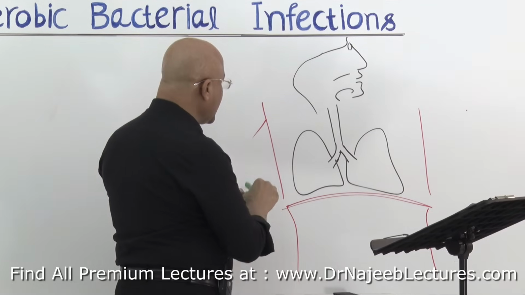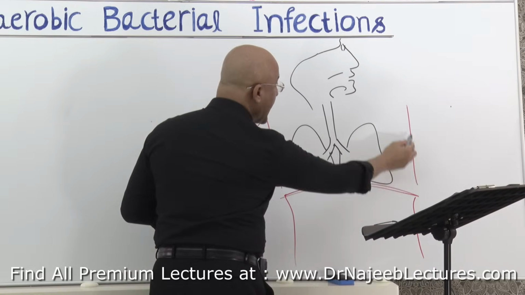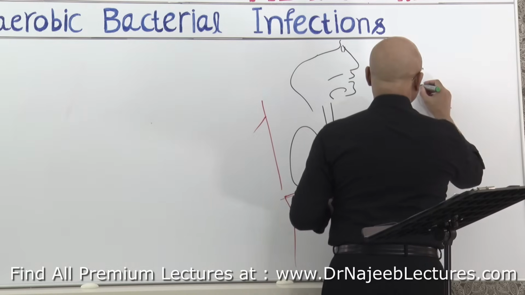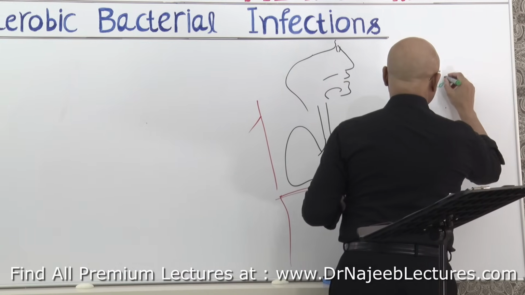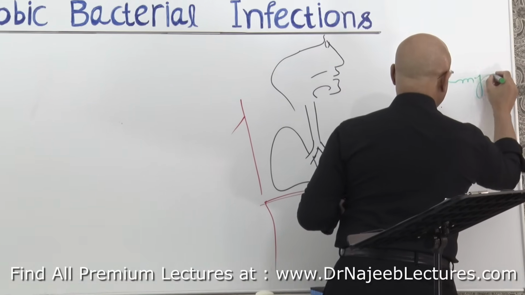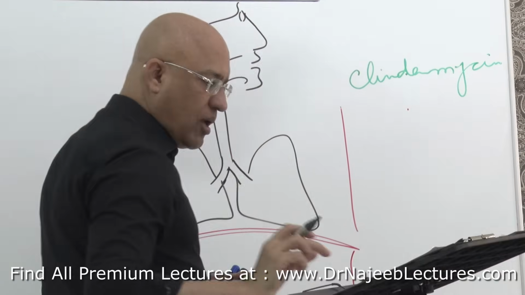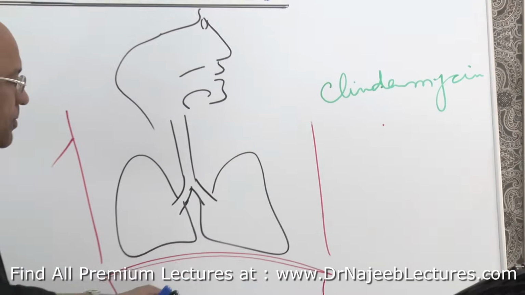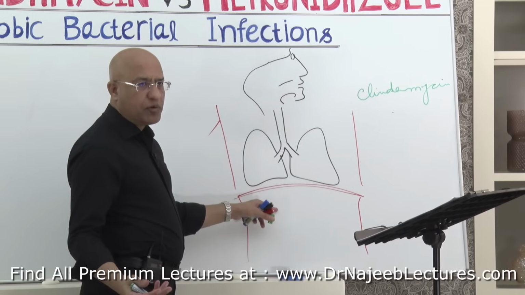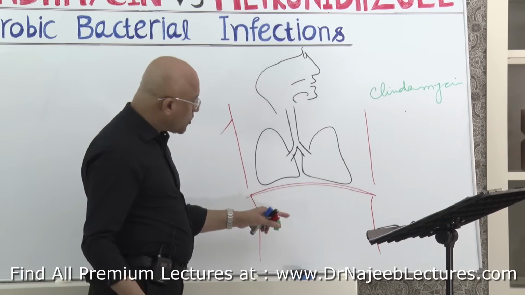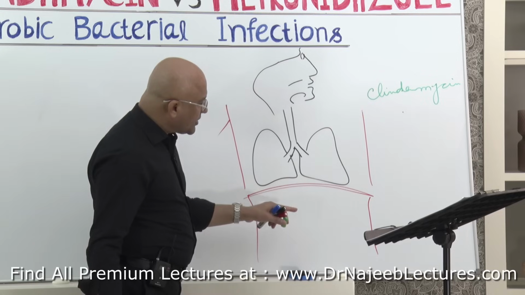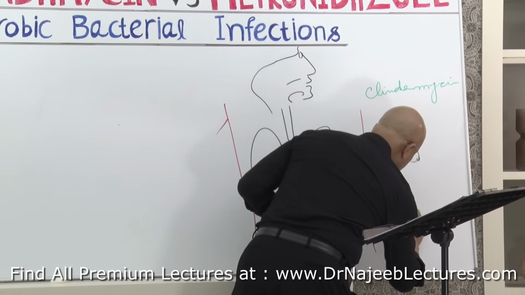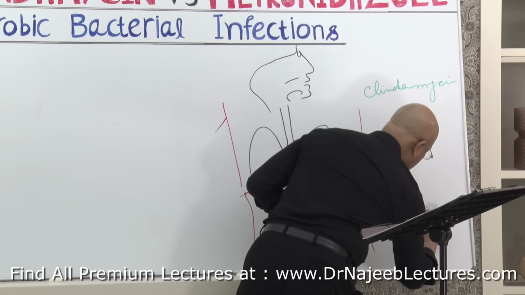What we are saying is that clinically, when anaerobic infections are above the diaphragm, we prefer clindamycin. And anaerobic infections are usually mixed infections with multiple organisms, so when they are below the diaphragm, usually we prefer to use metronidazole.